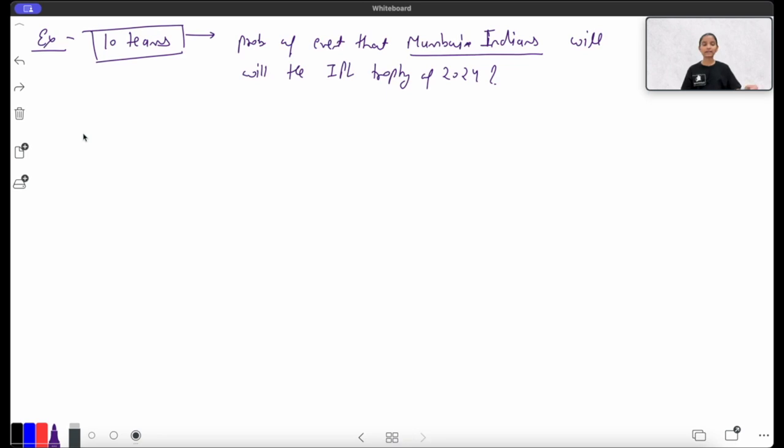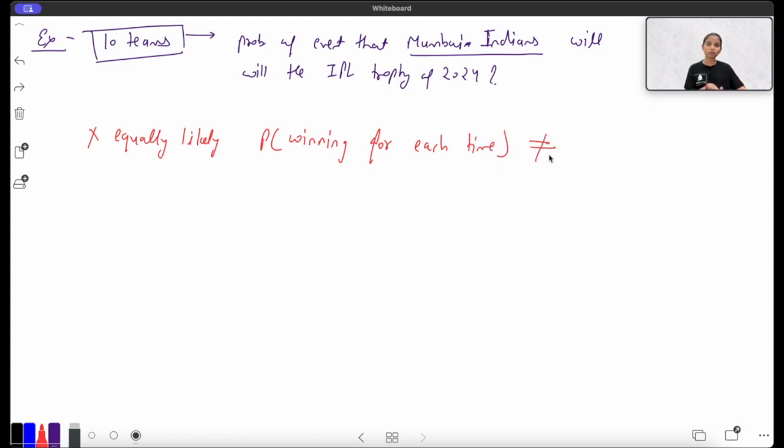Okay, if we say that each team is a possible winner of a trophy, then it is not true, because the events are not equally likely in this case. The probability of winning for each team is not equal to 1 by 10, because some teams are stronger than the others.